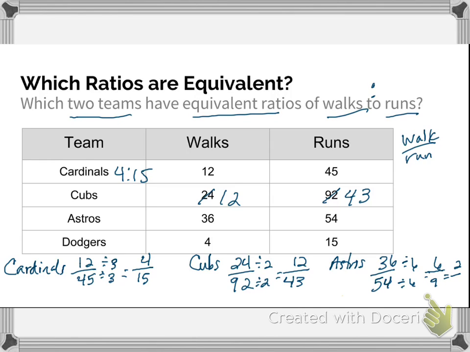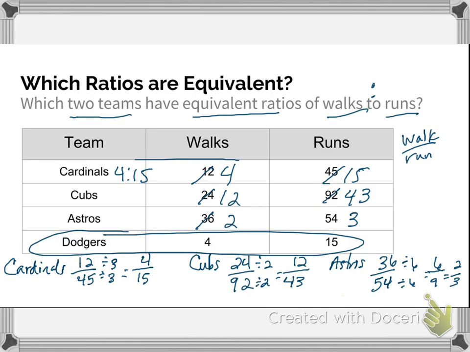And that's going to give me a 2 to 3 relationship. And then Dodgers, this one, Dodgers cannot be simplified. But look right here. My Dodgers and my Cardinals have 4 to 15 ratios. So the two teams would be Cardinals and Dodgers.